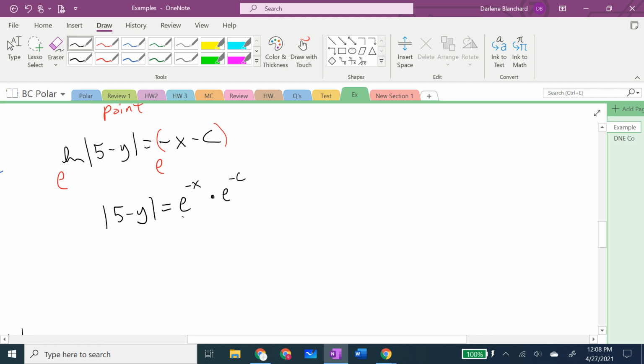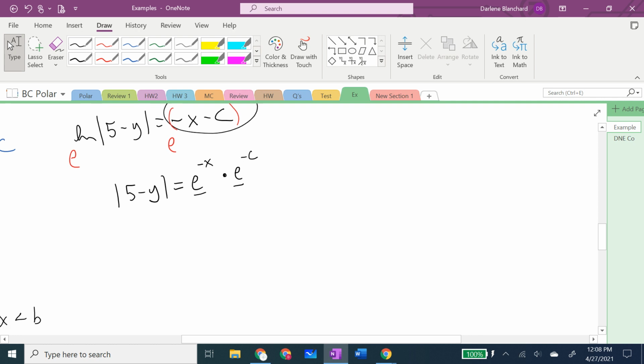When I'm multiplying with the same base, I add the exponents. The plus or minus that the absolute value brings can be absorbed along with that e to the negative c. Like we just get massive absorption of one constant. Call it any letter you like that is not currently being used.